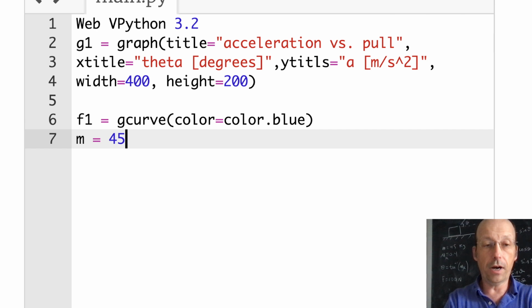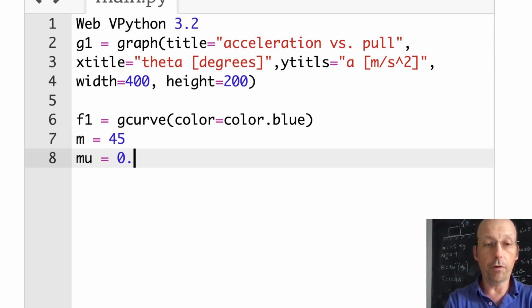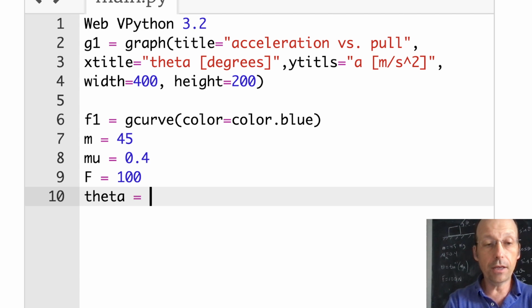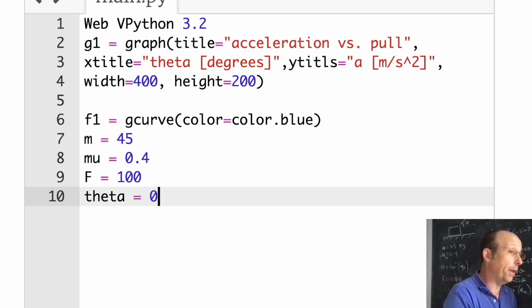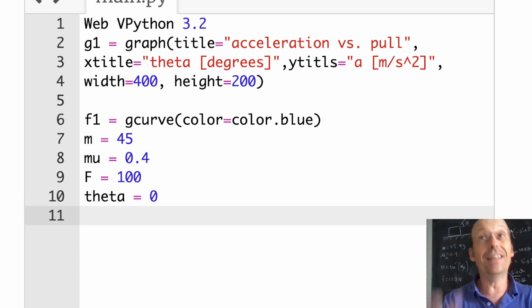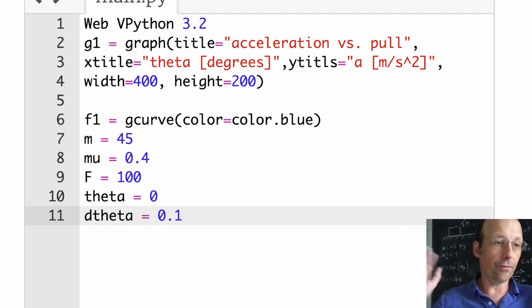M equals 45, mu equals 0.4, F equals 100, theta equals 0. I need to have an angle to pull with, so I can change it. So I'm going to start at theta, in radians, and then how much I'm going to change that by, d theta. Let's just pick 0.1. It doesn't really matter.